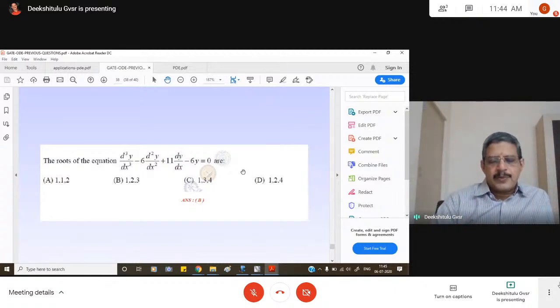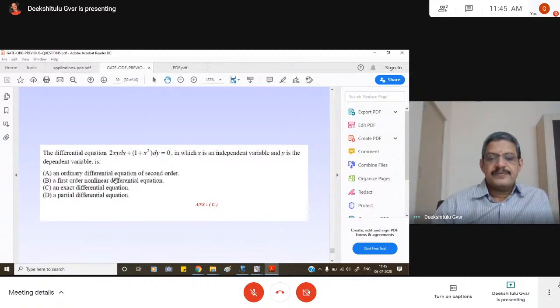If you go back to the fundamentals of roots of a polynomial, the product of the roots is equal to minus of the constant by the leading coefficient, so minus of minus 6 by 1. So the product should be 6. Among the options, the products are 2, 6, 12, 8. So obviously by looking at this, you can say this is the answer.